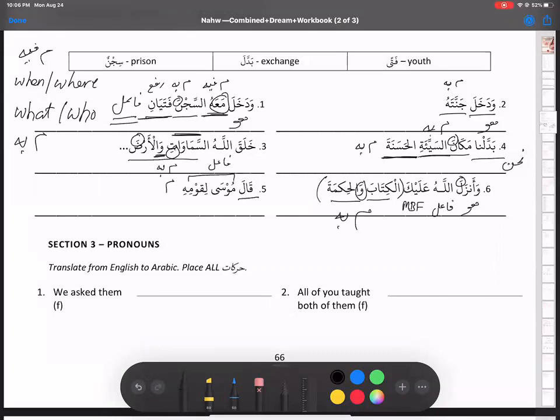So this is maf'ulul qawl and this is maf'ulun bihi, and then we can further break down our maf'ul. What is Musa? Basically, Musa first of all is the fail, the doer for kala. Okay, so this is the fail. And the qawmihi is mudaf ilayhi.